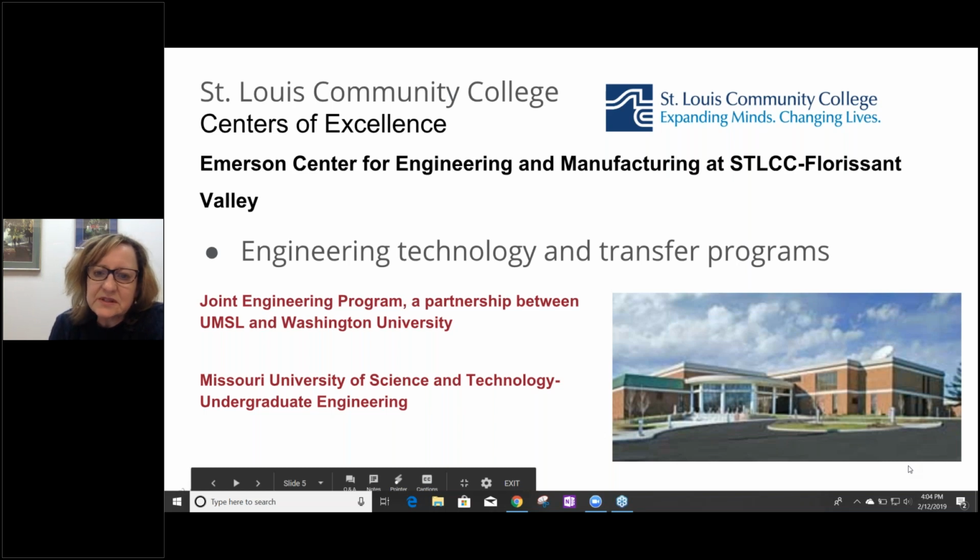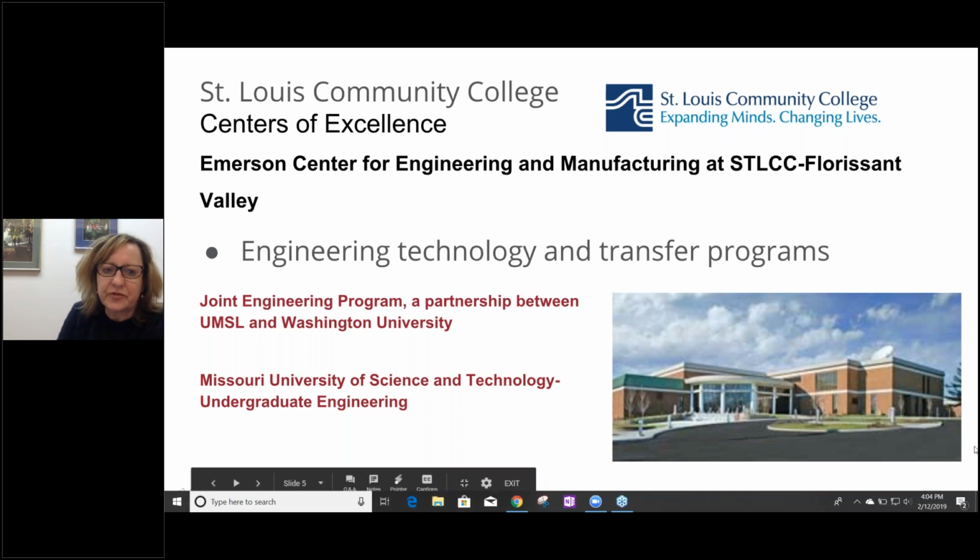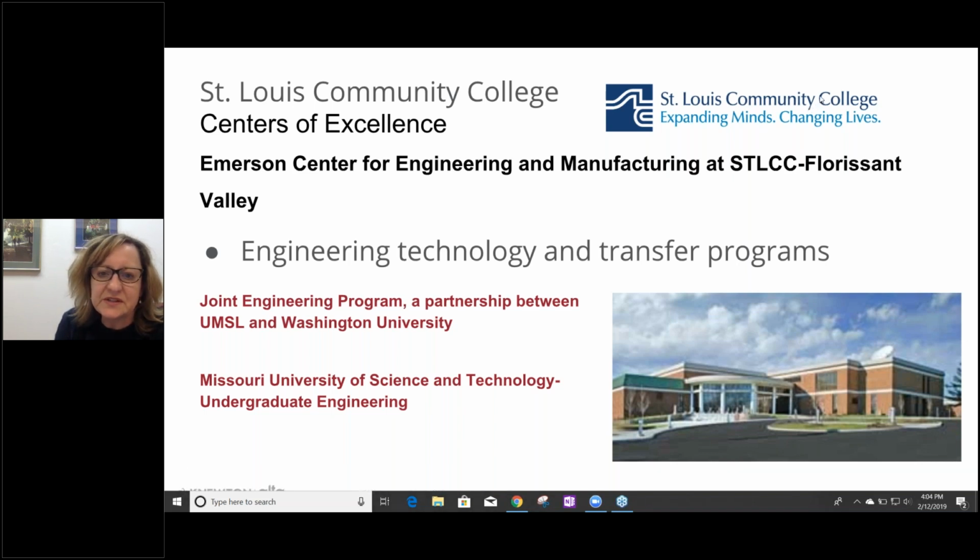Most of my students end up transferring to either Missouri S&T, the engineering school at Rolla, Missouri, which is one of the finest public engineering schools in the country, or the joint engineering program through the University of Missouri St. Louis and Washington University here in St. Louis.